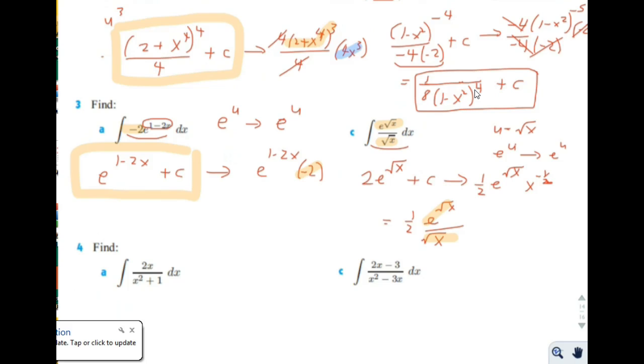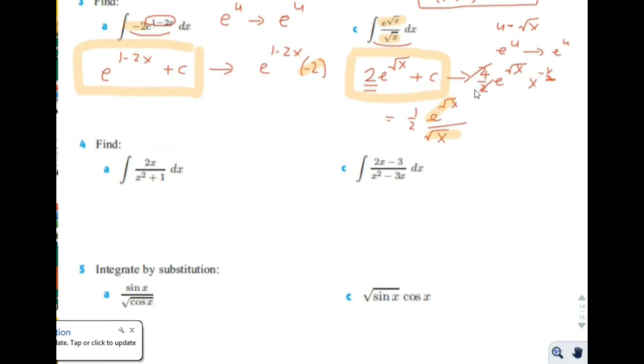Oh yeah, because the derivative of square root of x is 1/2 x to the negative 1/2. Okay, so if we put a 2 here, then when the half came out, they would cancel. So yeah, we want the 2 to be there. Okay, now I think it's okay. All right, number 4.